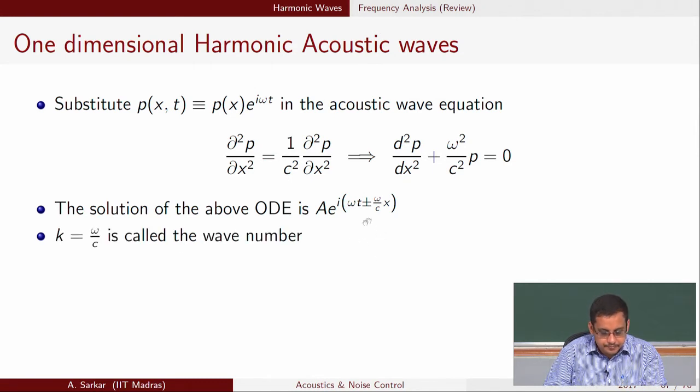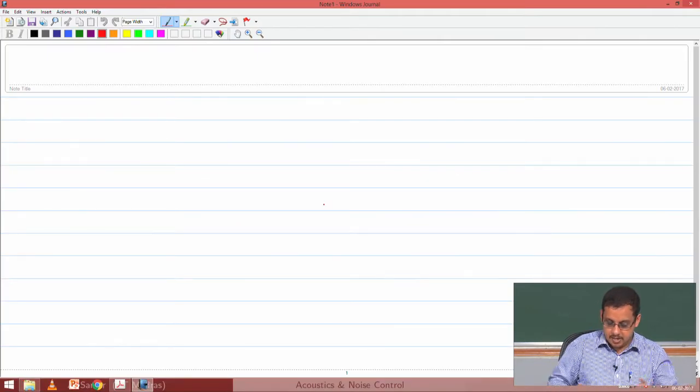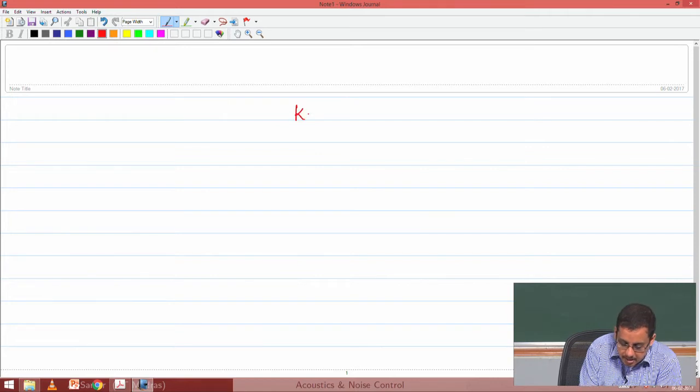Therefore, this quantity omega by c is technically called the wave number. It is actually a single word, wave number, I should not have given a space for it. So, I will just make that correction here. So, k equals omega by c is called the wave number.